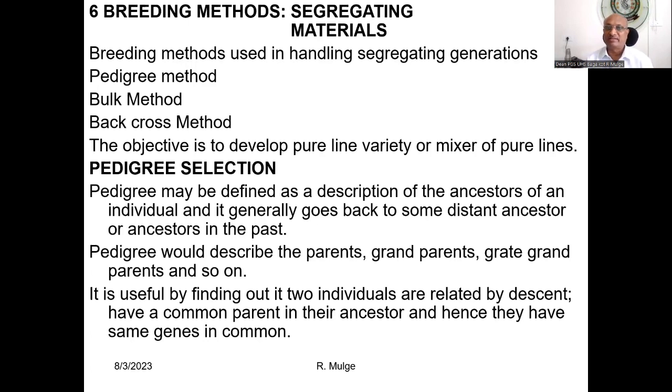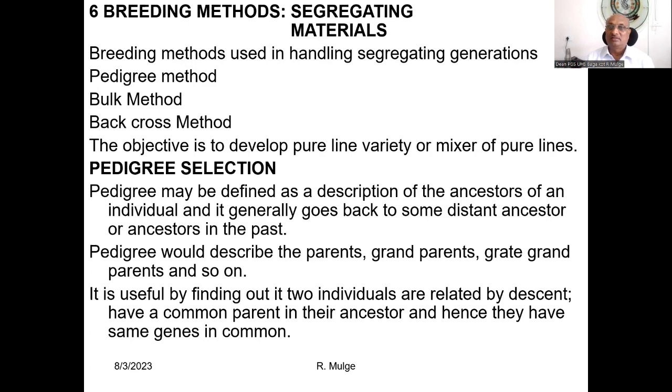Backcross breeding is a simple method, whereas the pedigree method is a little more cumbersome compared to the backcross, because you have to keep records. So the objective here is handling any segregating material.